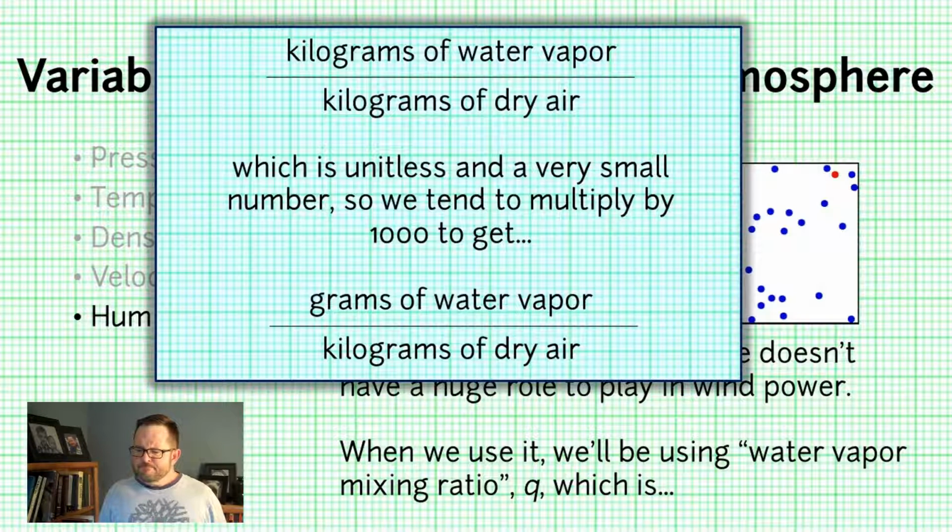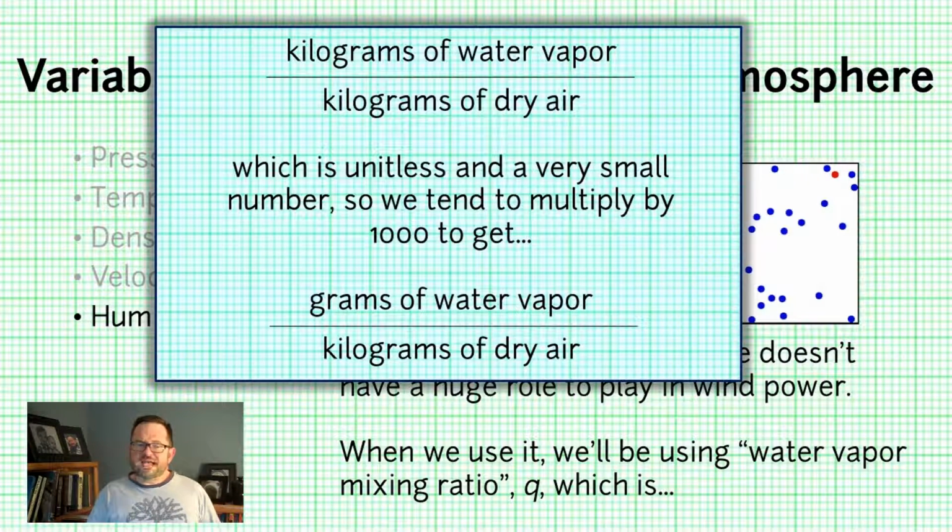And that works better because you get numbers like 2.5. Okay, so that means that there would be like 2.5 grams of water vapor for every 1 kilogram of dry air molecules in that sample. Okay, well, it's just the terminology. Again, there's not a lot of wind power applications to that. We'll see that a couple times over the course of the semester.